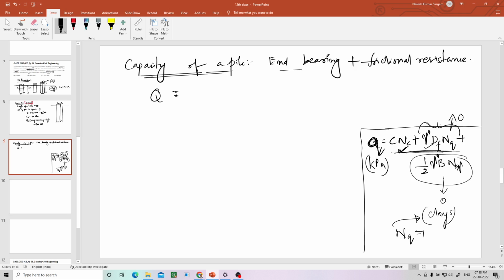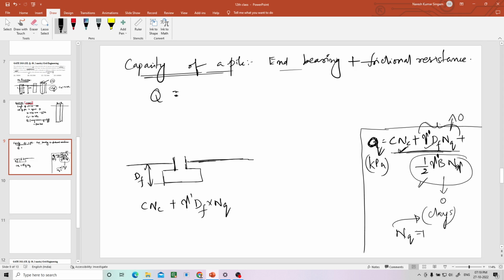So let us first of all discuss one shallow foundation, that will be easier for you to understand. If this is Df, this formula is CNc plus gamma dash Df into Nq.